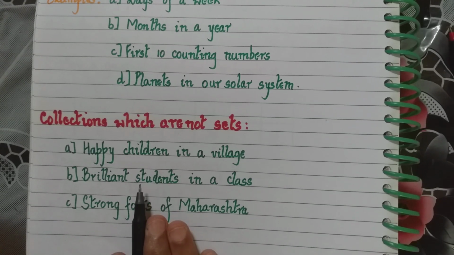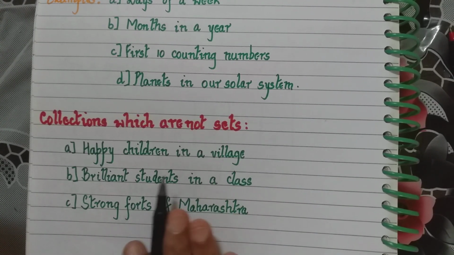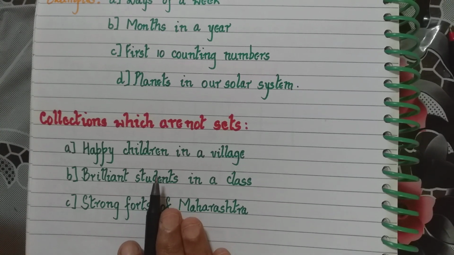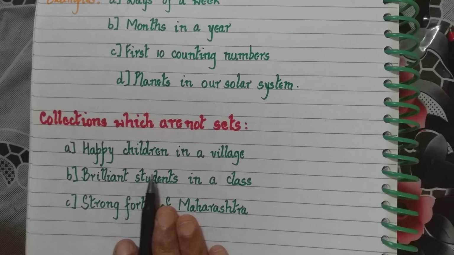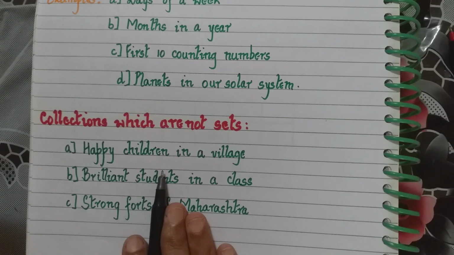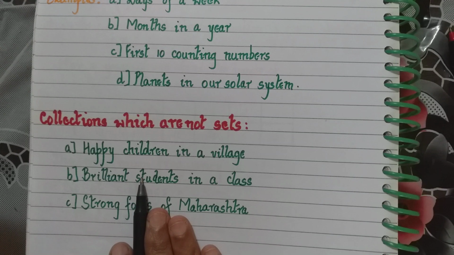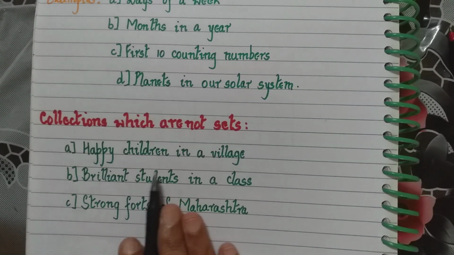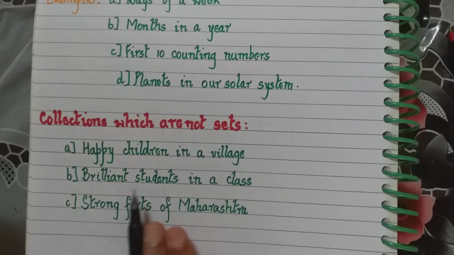What is okay with me may not be the same with another person. So there is a difference in opinion, and we cannot definitely say which child is happy or which child is not. It is a term which is relative to each person. One person may find it true, the other may not. Therefore, we don't include such collections as sets.